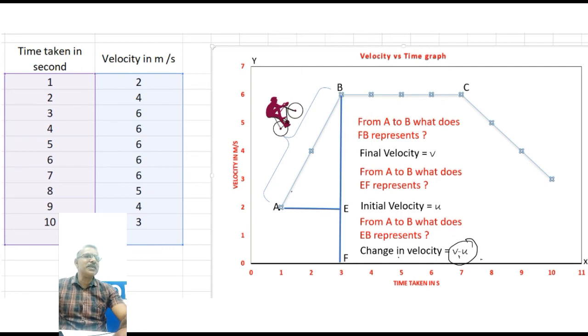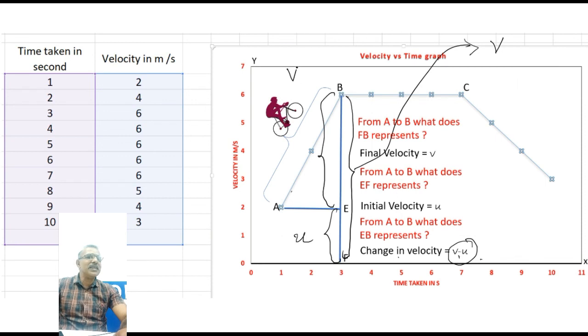In this particular section of the graph, this portion represents initial velocity, from here to here it represents final velocity, and then from here to here it is v minus u.